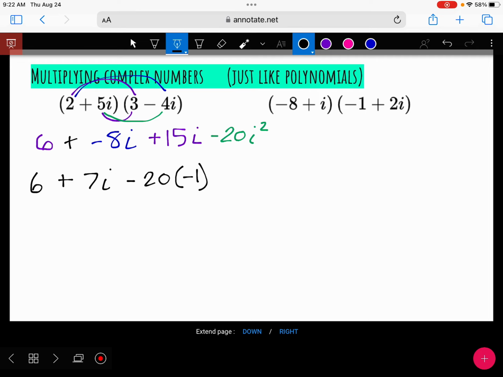So negative 20 times negative 1 gives us plus 20. Now I combine that with my 6: 26 plus 7i. We have to include simplifying i squared, but very rarely will we have anything other than i squared. So there's our multiplying.